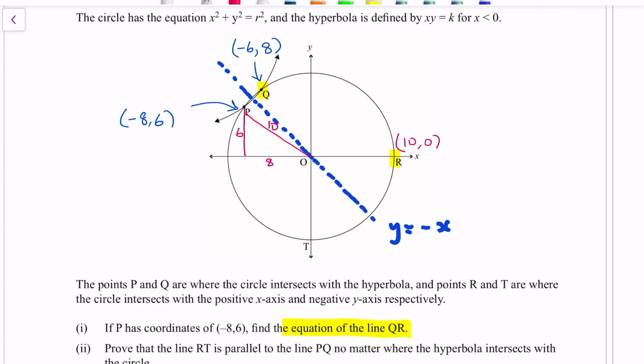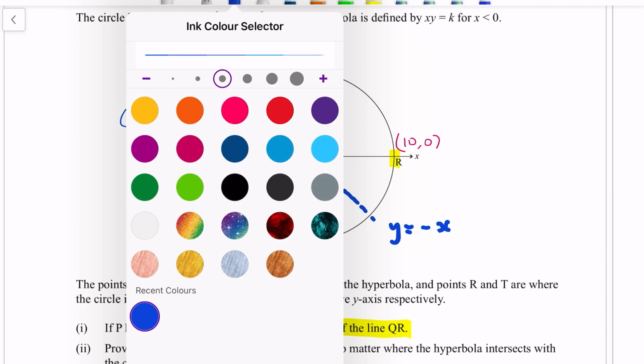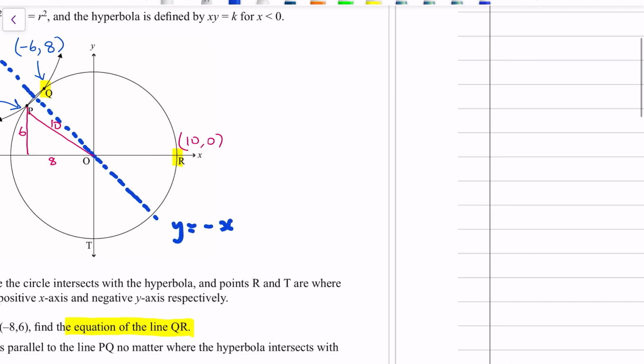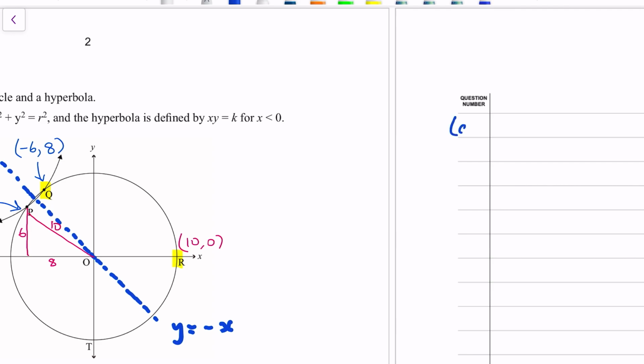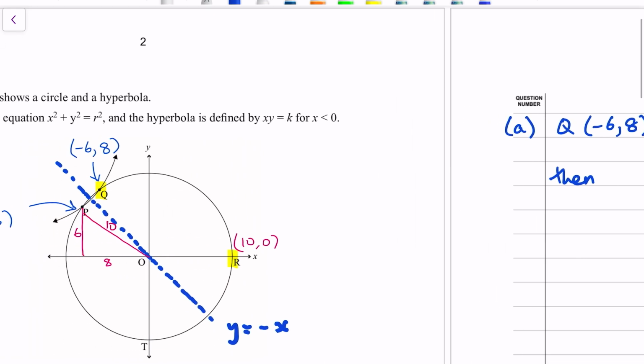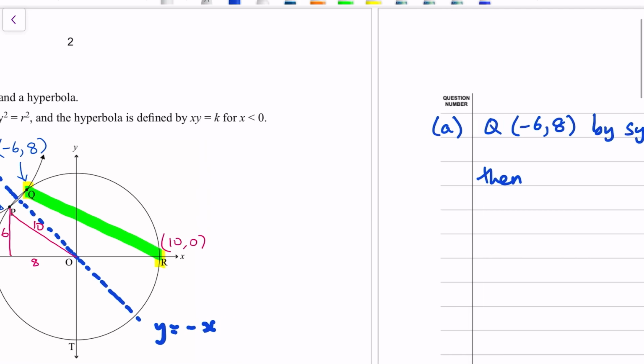Lastly, to answer the question we need a straight line. The gradient can be found by using rise over run between the points Q and R. If Q is equal to negative 6, 8 by symmetry, then draw a line between Q and R. From Q to R we go across 16 in the x direction and we go down 8 in the y direction.